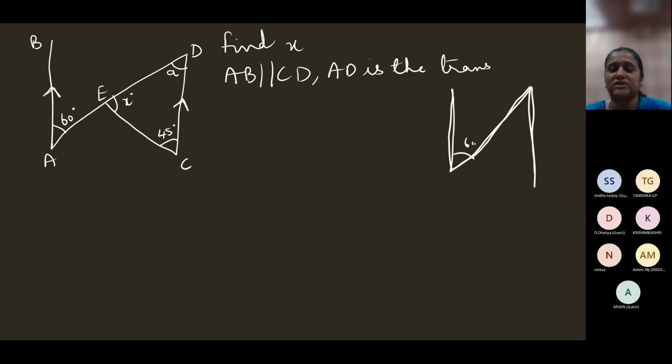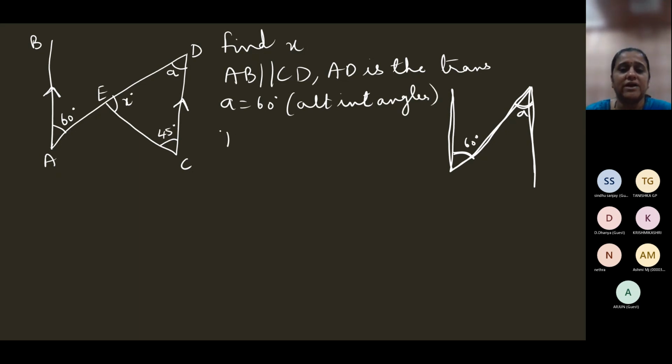Now here we have 60 degrees. So these angles are alternate interior angles. So A is also 60 degrees, because alternate interior angles are equal.